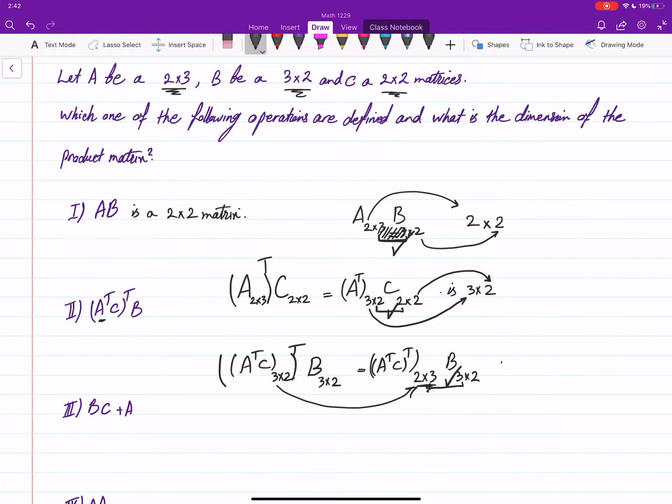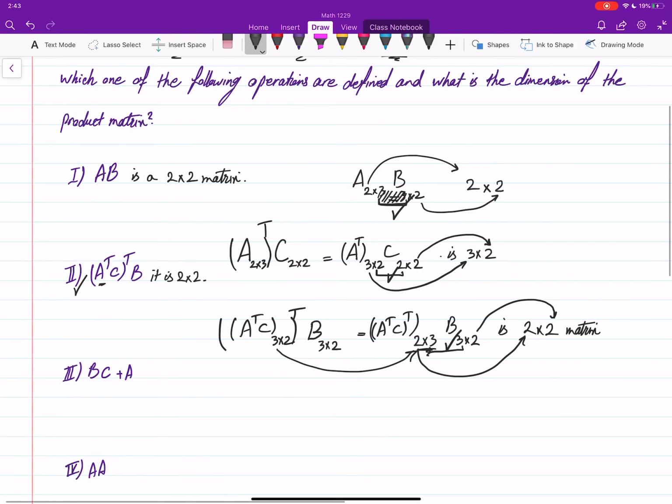That means that the final product is a 2 by 2 matrix. Yes, this means it is defined and it is 2 by 2 again. Very nice.